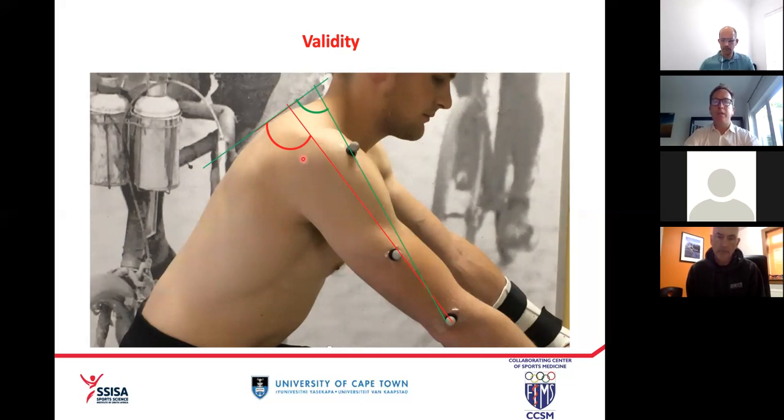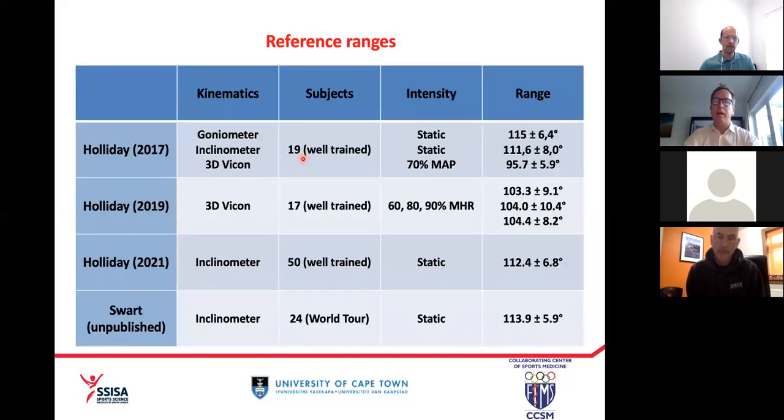And for that reason, and because of its reliability and its accuracy, I feel that using an inclinometer, and doing that in a static fashion, is a good way to measure shoulder flexion. If we look at that data, we see a shoulder flexion of about 111 degrees plus or minus 8. This is 3D Vicon data. Here we have inclinometer data, 112 plus or minus 4.